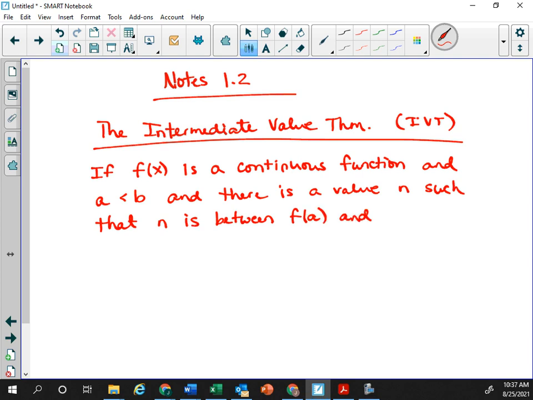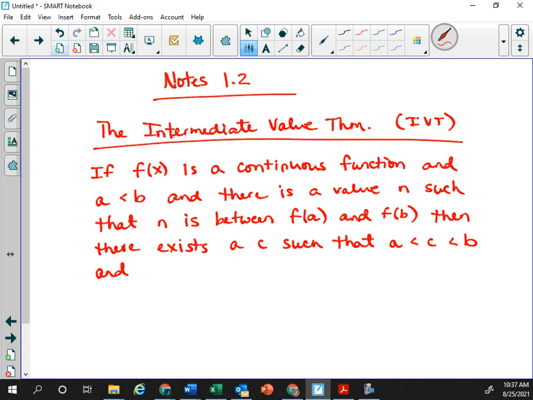I told you this was really wordy, right? Just stick with me, I'll explain it. And f of b, then there exists a c such that a is less than c is less than b, and f of c equals n.